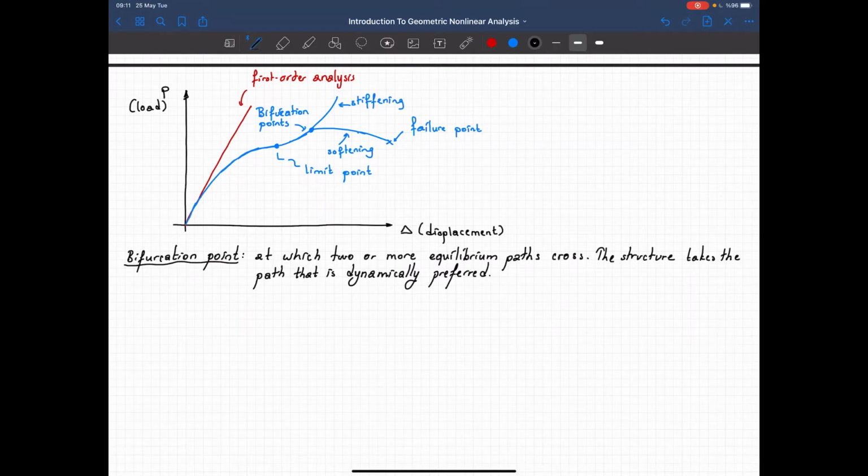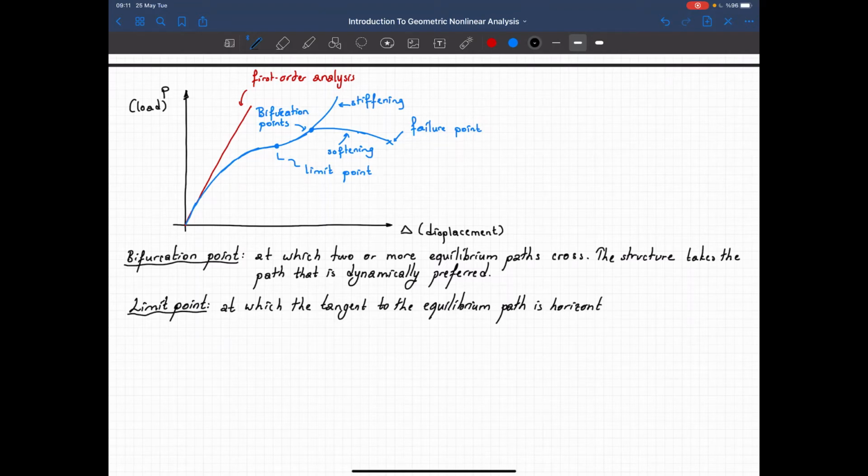Now we have a limit point, which is the point at which the tangent to the equilibrium path is horizontal. Zero stiffness, in other words.